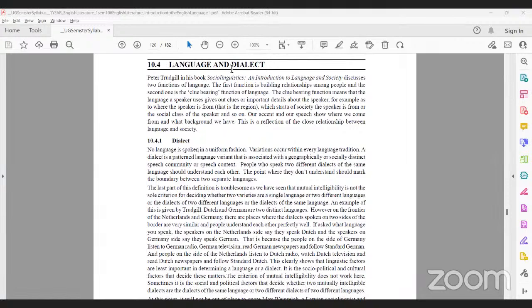In a simple way, we can say that the regional variety of a language is known as a dialect. What is it? The regional varieties of a language are known as dialects.